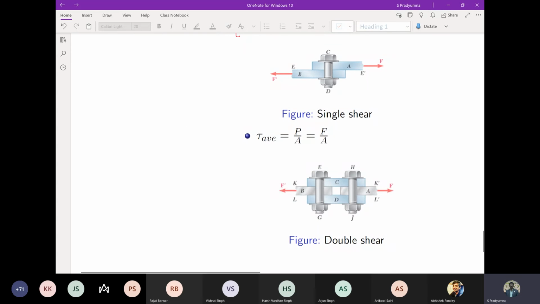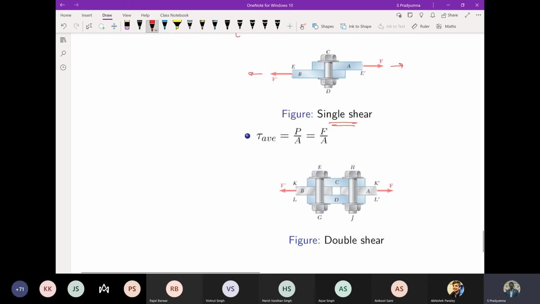Now I'll come to another aspect called single shear and double shear. I'll finish in 2-3 minutes. Let us say we have this case. There is one bolt, and there are two plates connected, and I am applying a force in this direction. There are only two plates joined by the bolt.